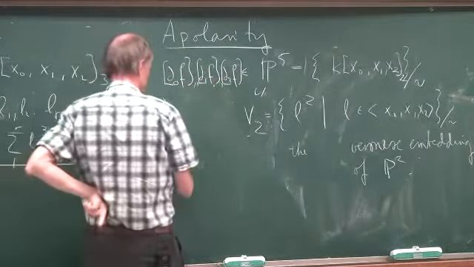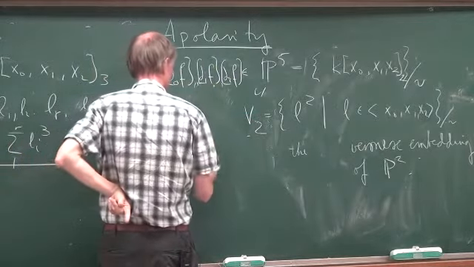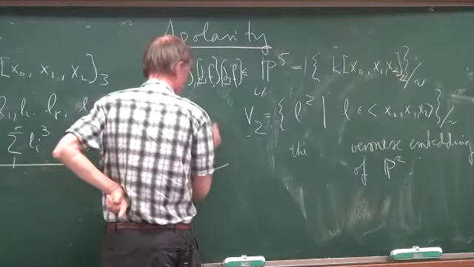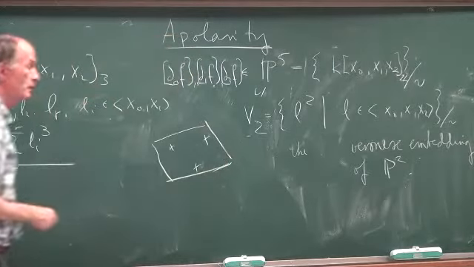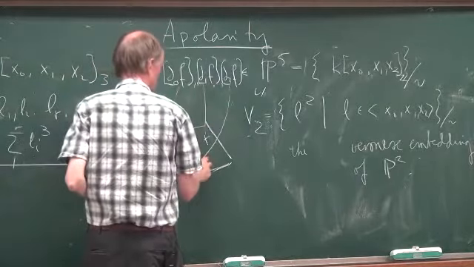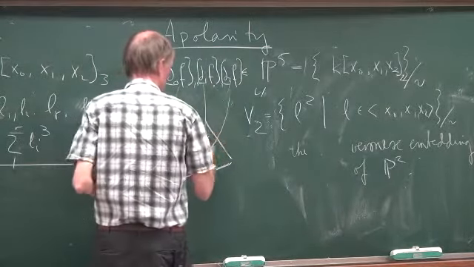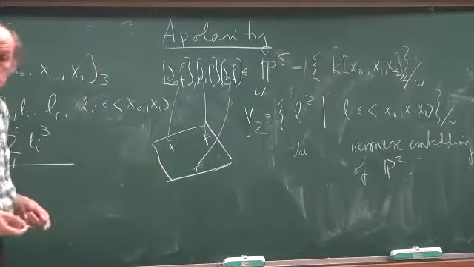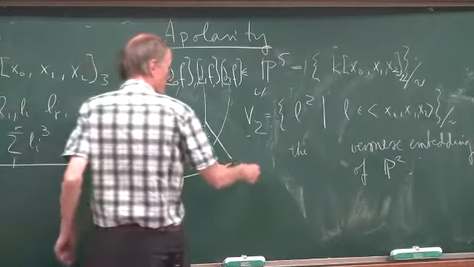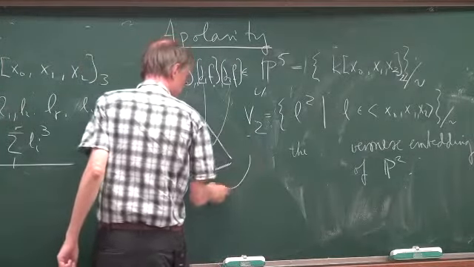These are three, this is the span, these are these three guys here. And they span some plane. Okay? And now I have my Veronese surface here.